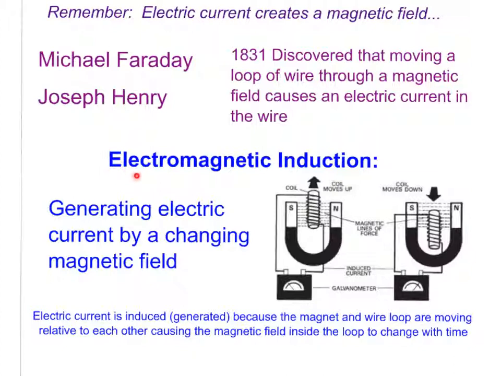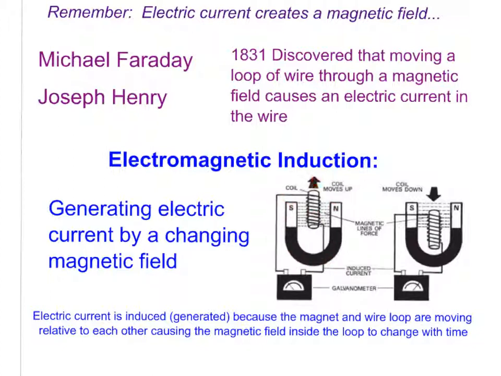This is what we call electromagnetic induction. It is generating electric current by a changing magnetic field. So if we look at our illustration of electromagnetic induction right here, we see that this wire loop, in this case actually a whole coil, a lot of wire loops, is moving relative to the magnet.